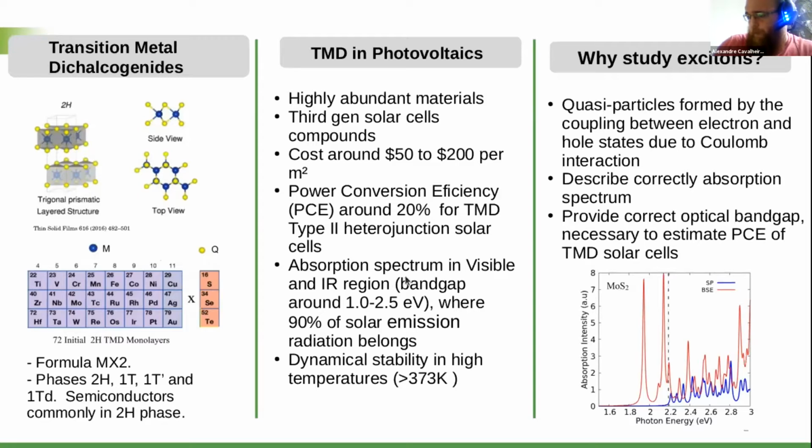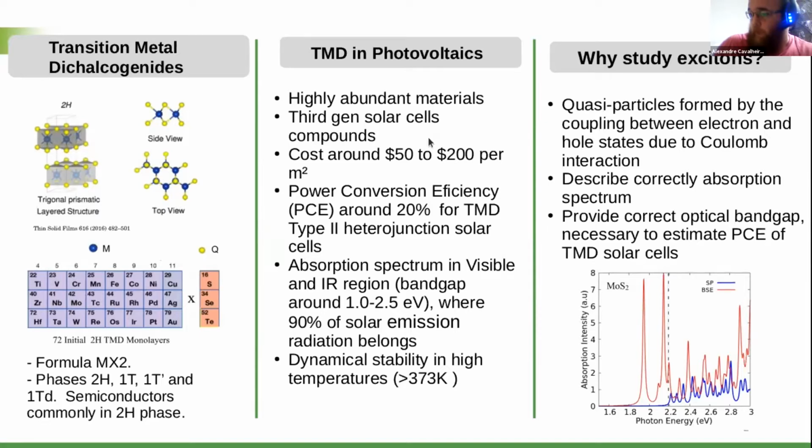Their optical properties are in the visible spectrum, basically the region where the sun emits its light. And they show dynamical stability at higher temperatures, so we won't have the problems of degradation or phase transition that we can see in perovskites, for example.